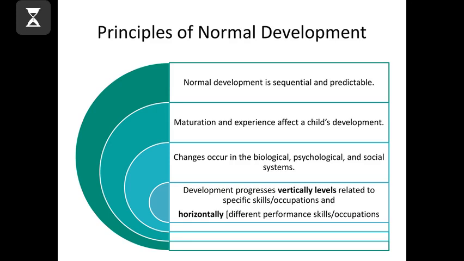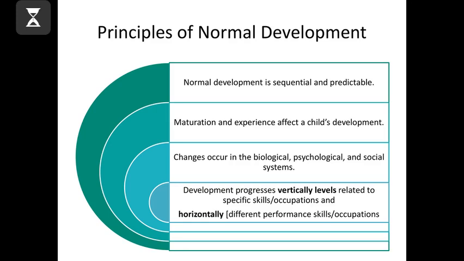So I just talked about vertical and horizontal development. And vertical development, we're going to talk about it twice. I'm going to talk about it here, and then I'll talk about it one more time down here, just so it's clear. Vertical development, and I'm reading from the text to be really clear, refers to achieving milestones within the same performance area. So, a gross motor area or a language area, in just one area.